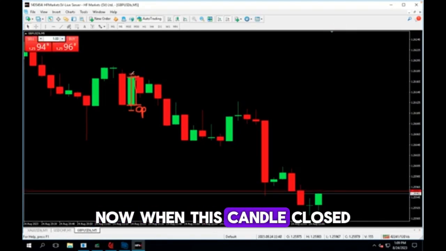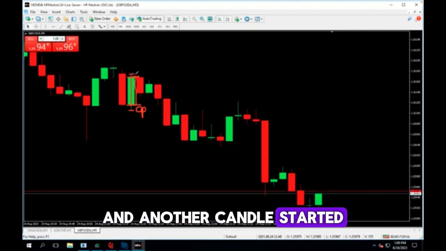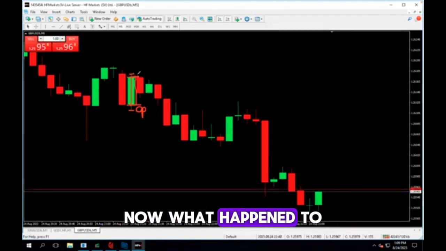Again, for a bullish candle, the opening price is the bottom of the body. This is the body of the candle, the body, the wick. Now, when this candle closed, you see it closed at the top here, and another candle started exactly where it closed.